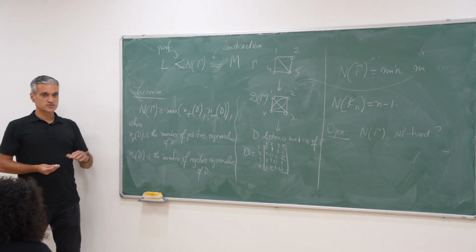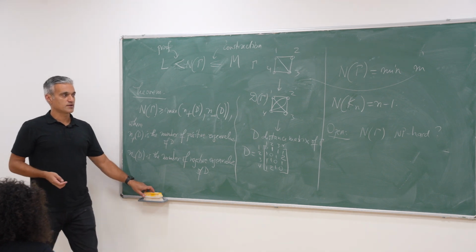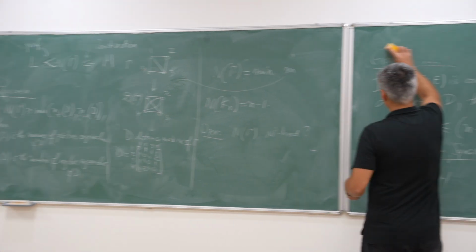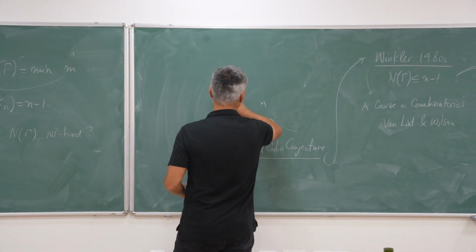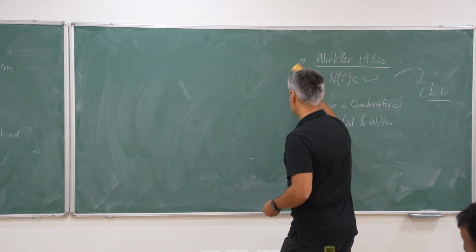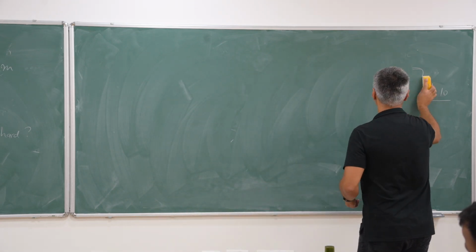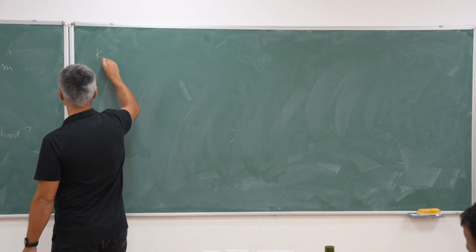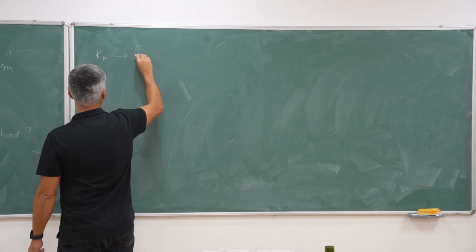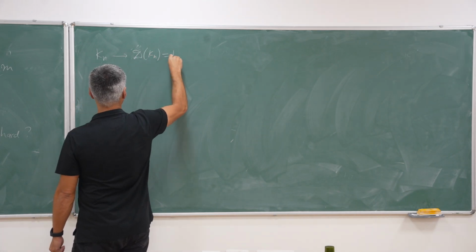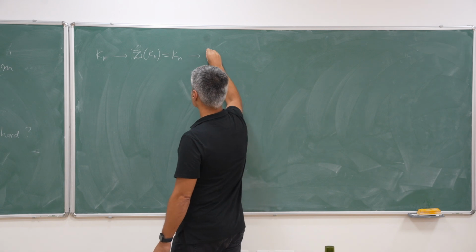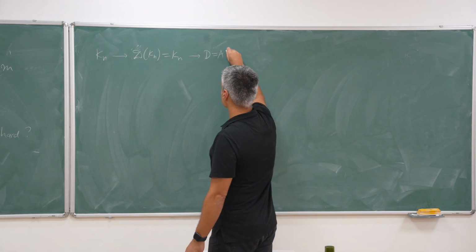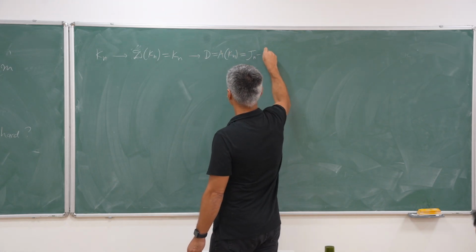So before I give you the proof of this result, let me show you how this implies what we did earlier about the complete graph. So for the complete graph Kn, what is the distance multigraph of Kn? It's the same as the graph Kn. So that implies that the distance matrix of Kn is the same as the adjacency matrix of Kn, which is Jn minus In.